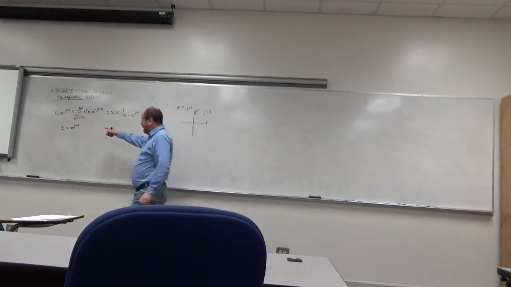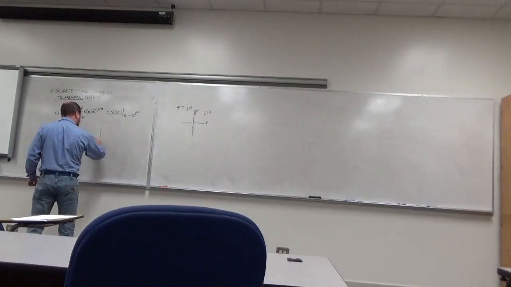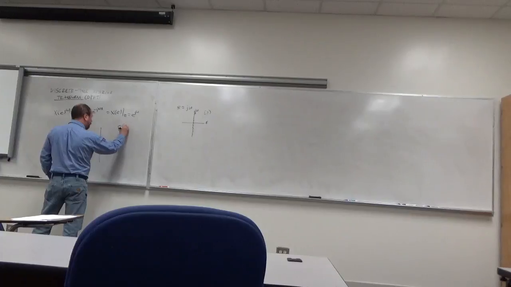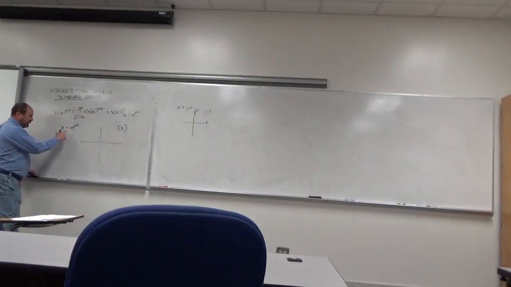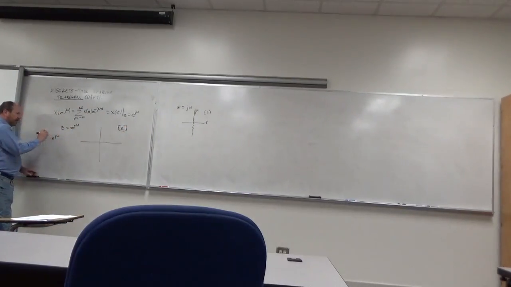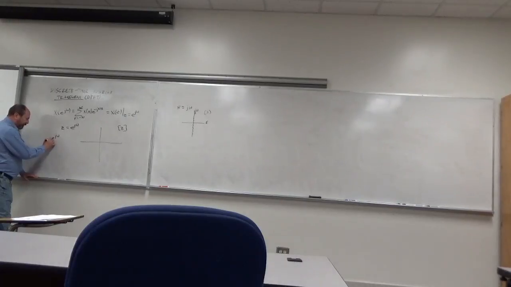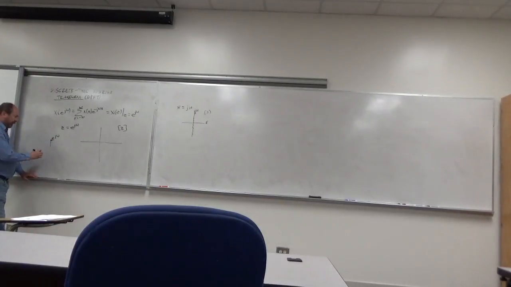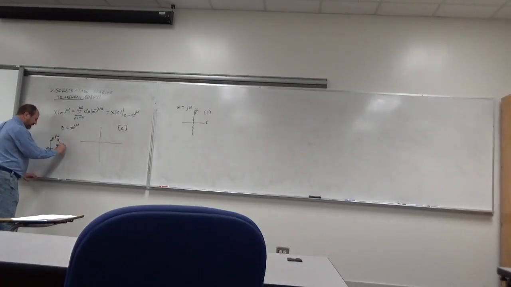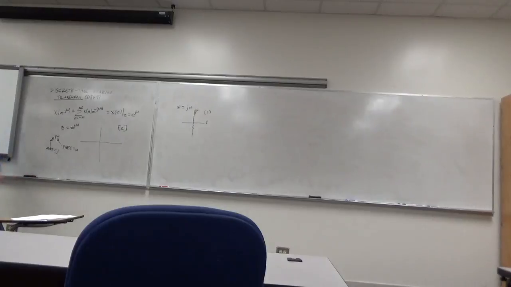Well, what does z equals e to the j omega mean? It means that if this is the z-plane, e to the j omega, remember that's a complex function. And more specifically, it's written as a complex number. Its magnitude is 1, what's out front, and its phase is just omega.